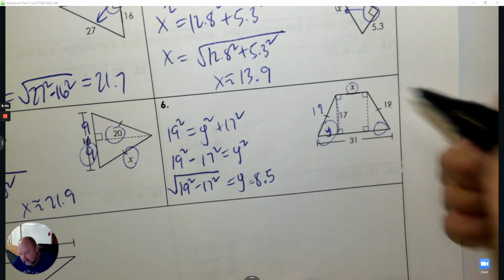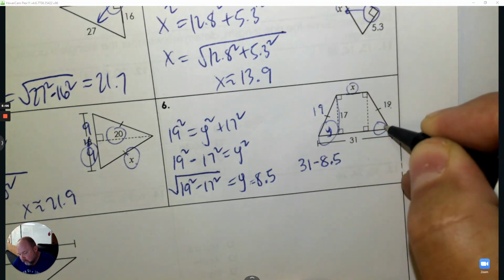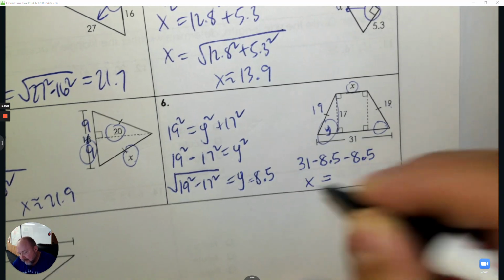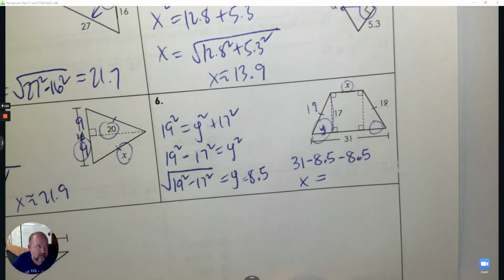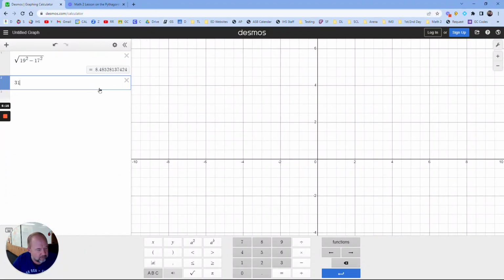So I want to know what x is. So if I go 31 subtract 8.5 on one side, subtract 8.5 on the other side, that is what x is going to equal. So I'm going to come back here and subtract, and get my answer. So again, if I go 31 subtract 8.5 and subtract another 8.5, then what I'm left with is 14.